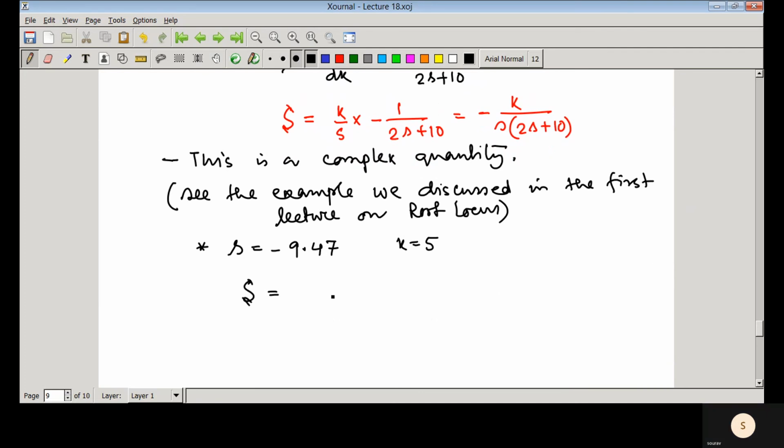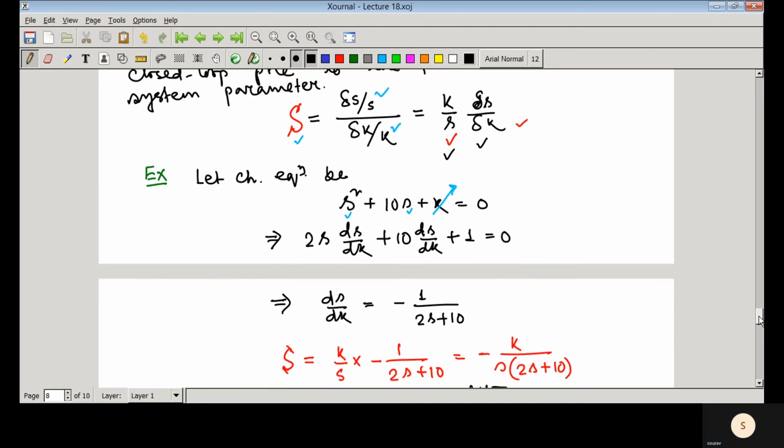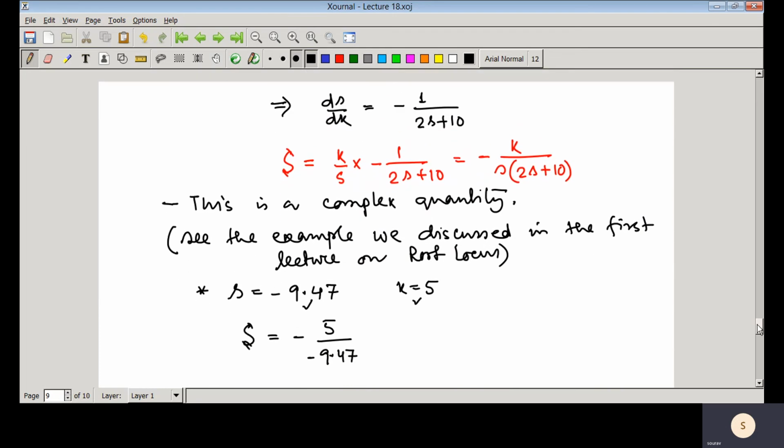Here K is 5, and that S is minus 9.47. So this is S and this is K. We are just replacing here K by S and del S by del K. Del S by del K we have already calculated.